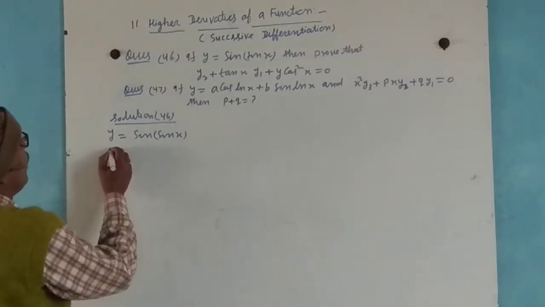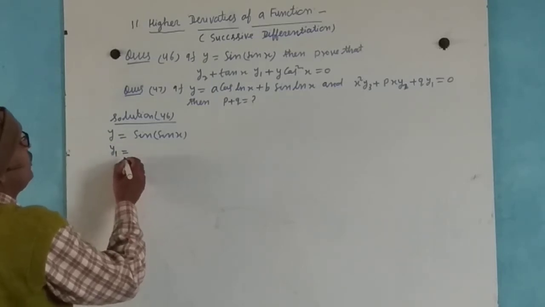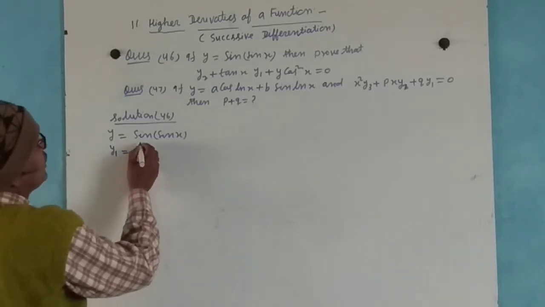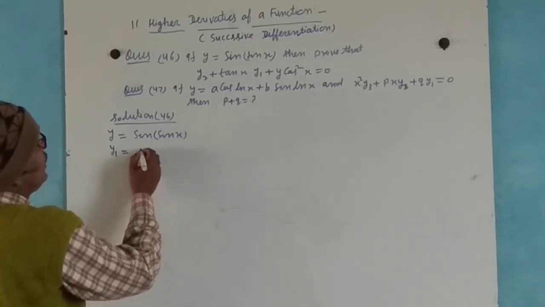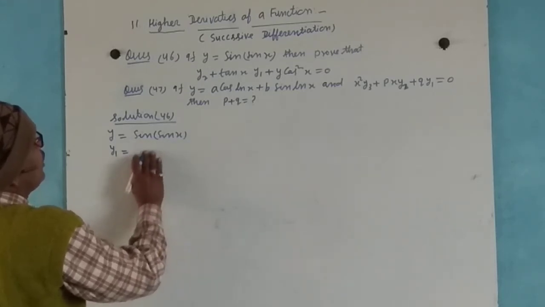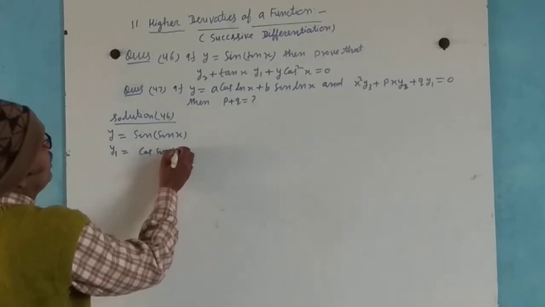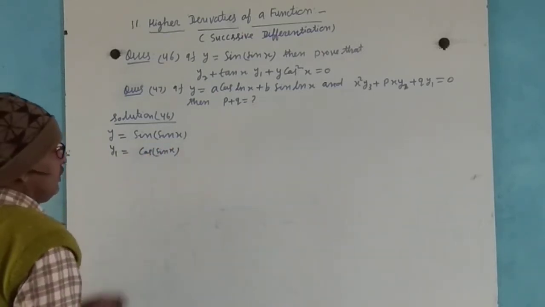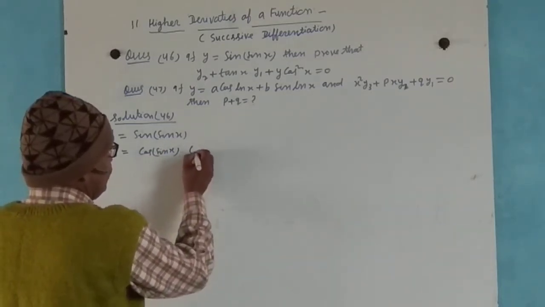That is, y1 equals d by dx of sin of sin x, which is cos of sin x, and d by dx of sin x equals cos x.